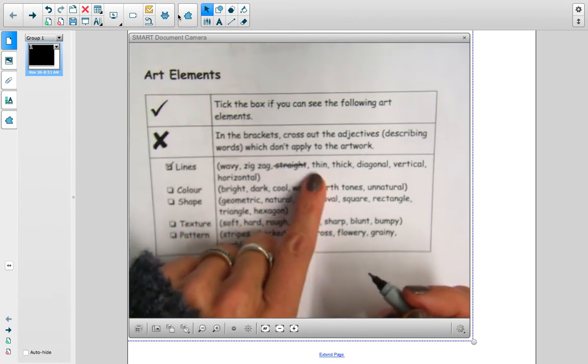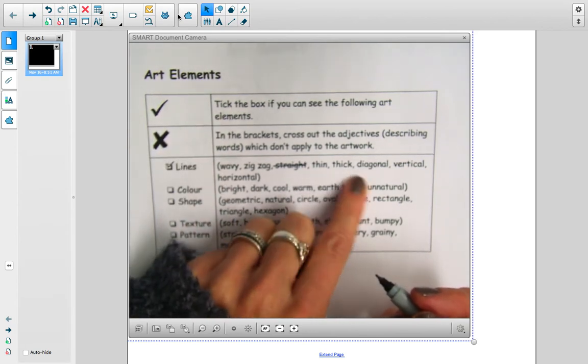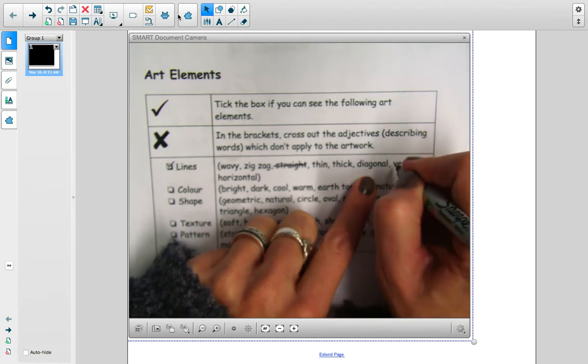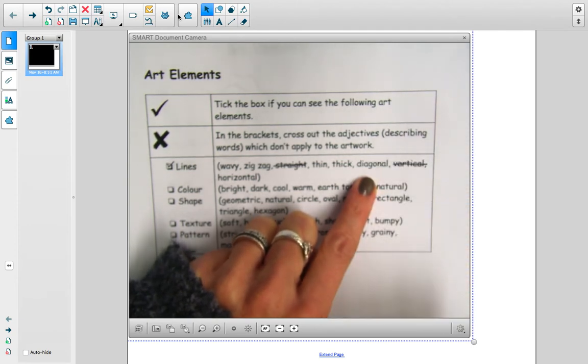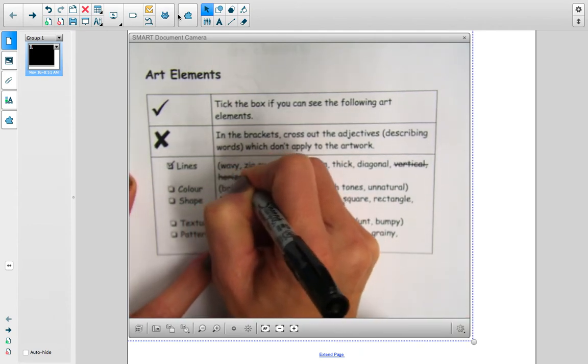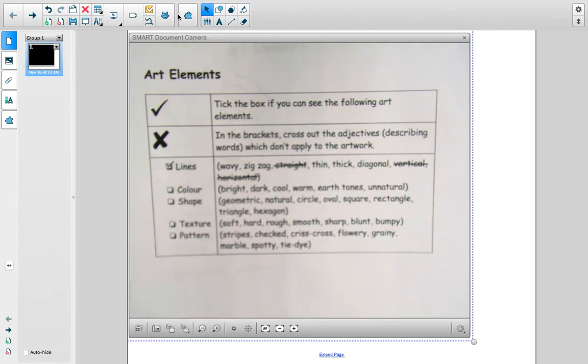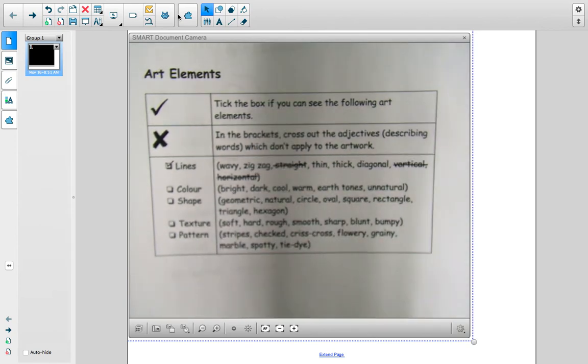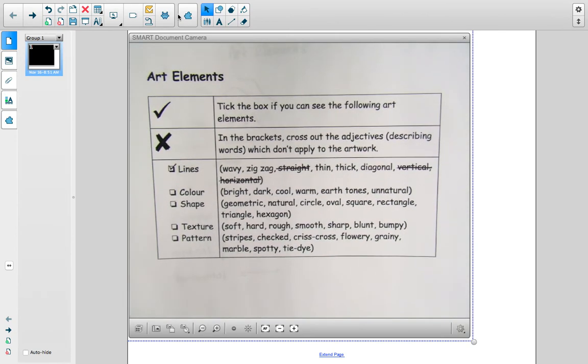And there's both thin and thick, diagonal. But let's say there's no vertical lines that I can see up and down, and no horizontal lines that I can see, so side to side. So that's what I would do if that's what was in my Rangoli art.